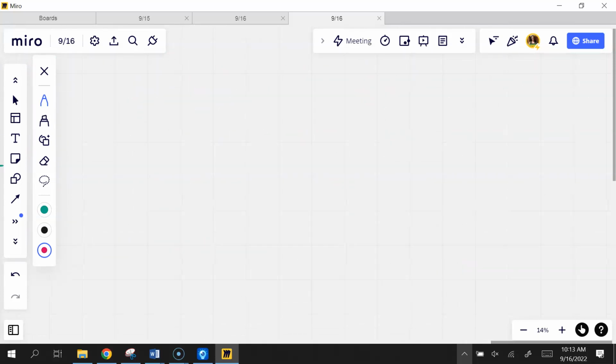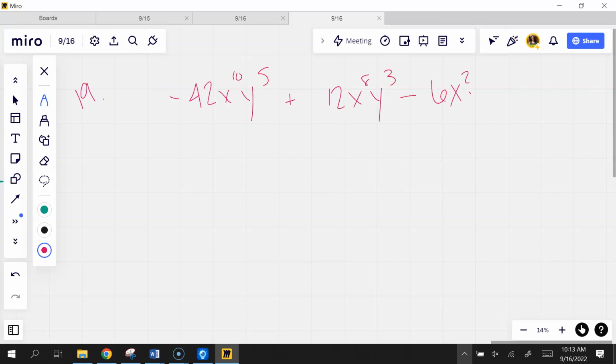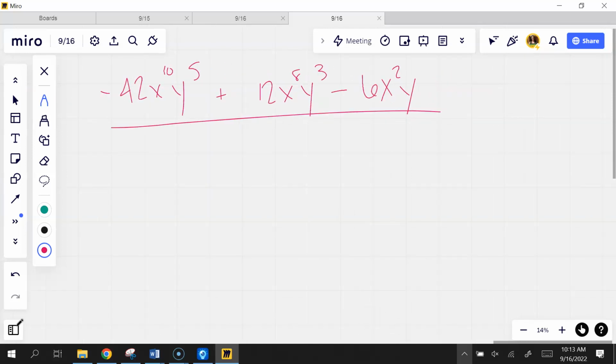Look at number 19. Negative 42 x to the 10 y to the 5 plus 12 x to the 8 y cubed minus 6x squared y, all over... Did I show you the same exact one?